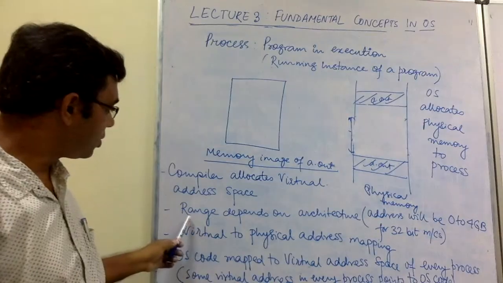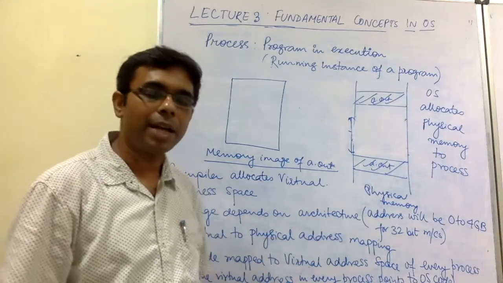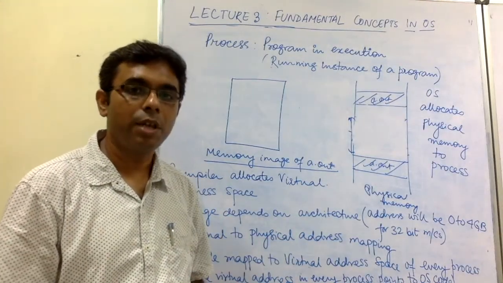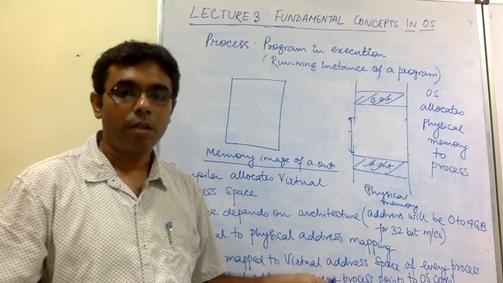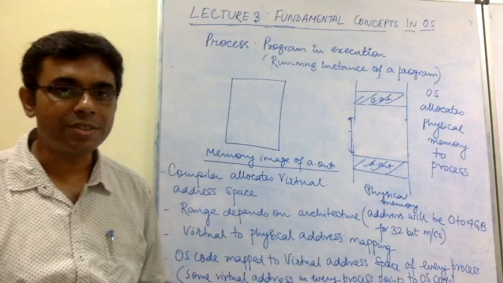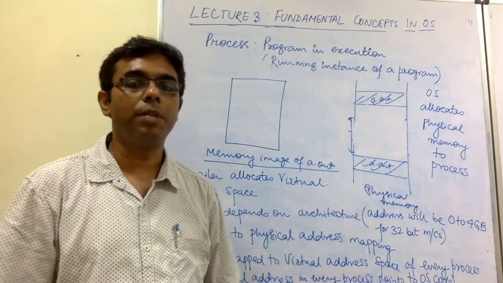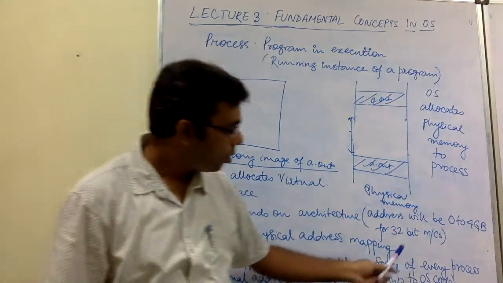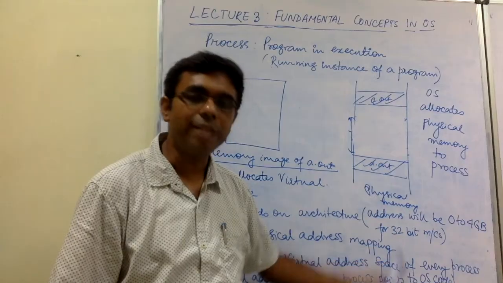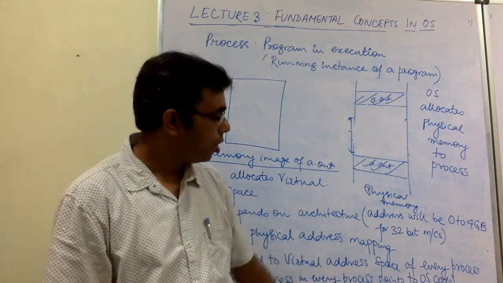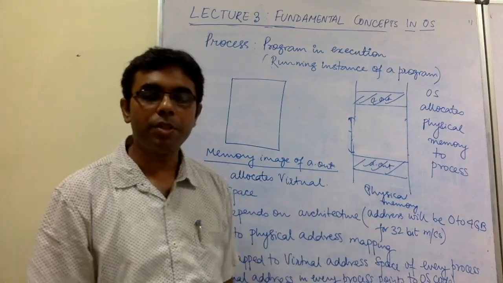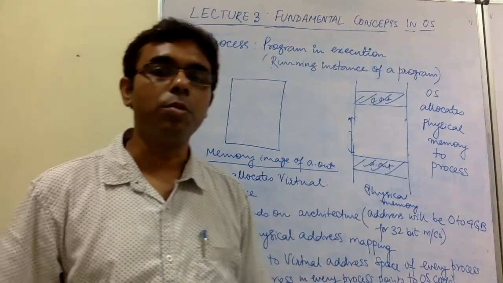And as you can see, the range that the compiler has allocated to this particular process depends on the architecture, that is, the register set that is available to that particular machine. Often the size of the machine is governed by the size of the registers present. So suppose it's a 32-bit machine, the registers are of size 32.